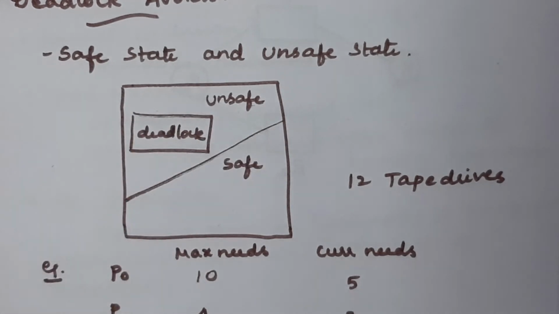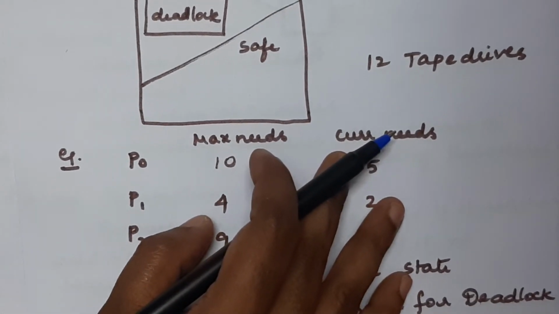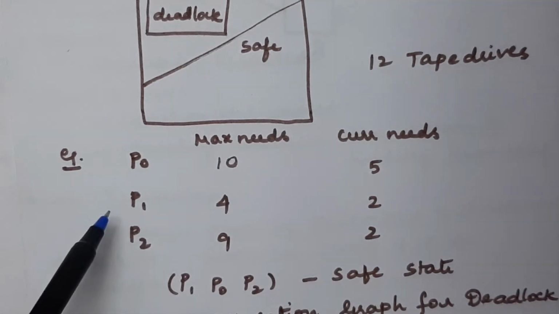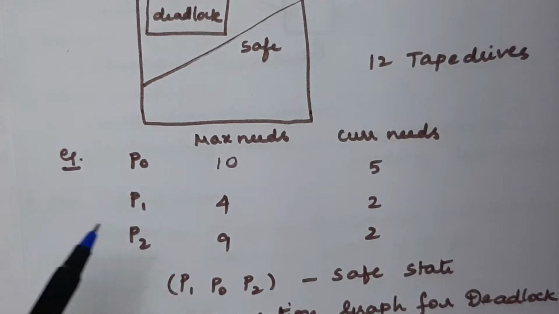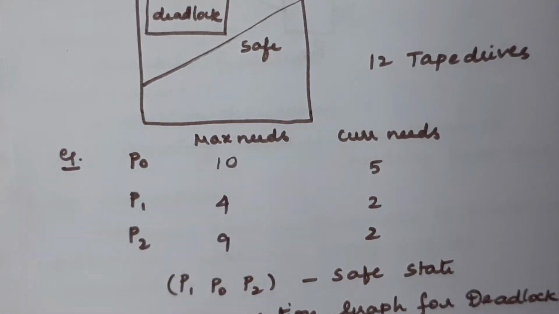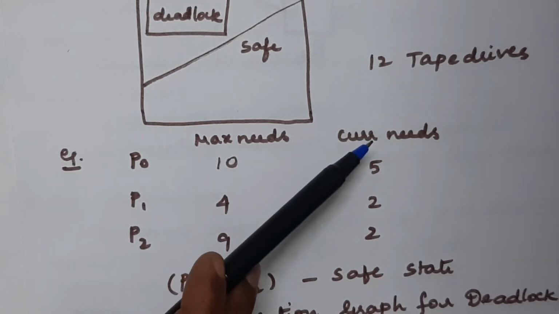Here we have 12 tape drives in the system, and a set of processes may need instances of this resource type, tape drives. We have 12 instances of this resource type.